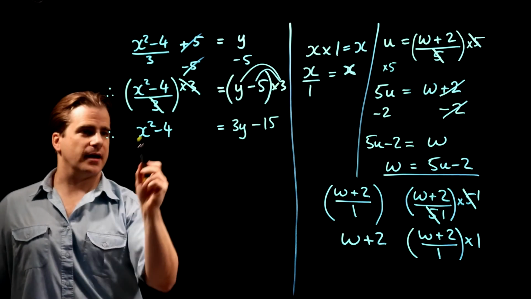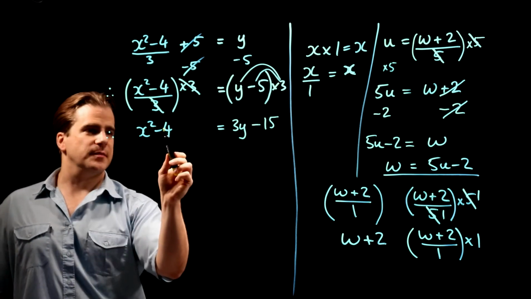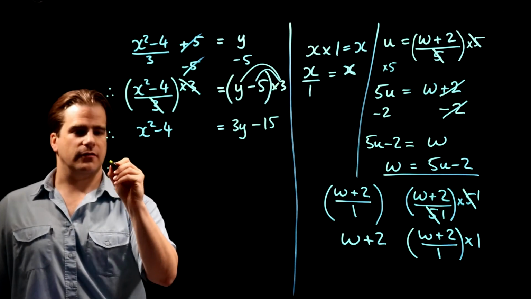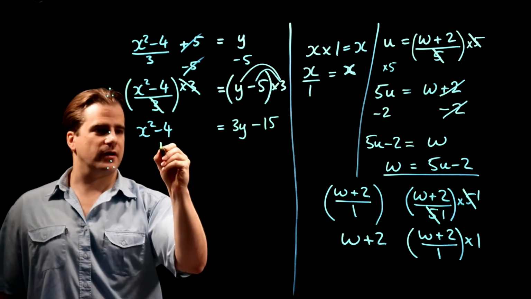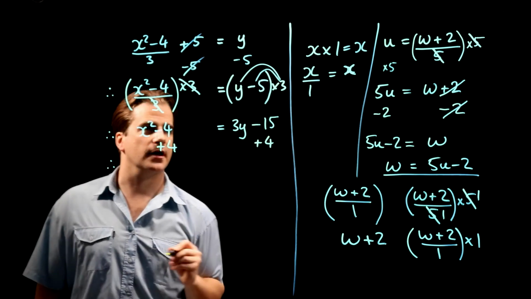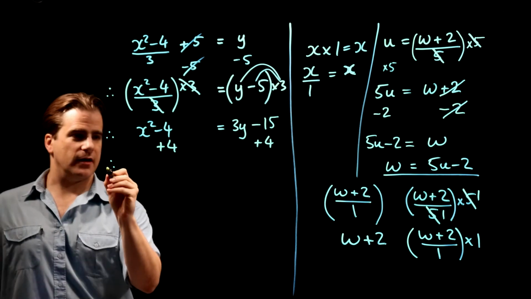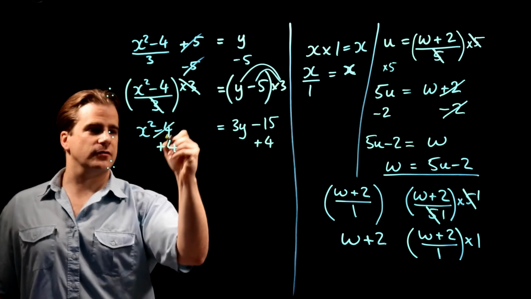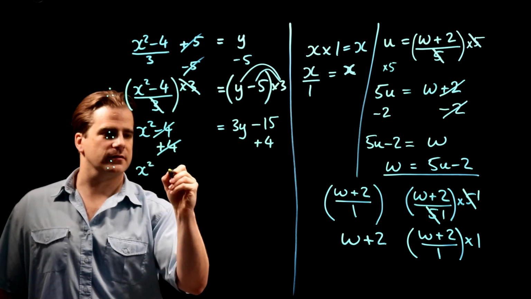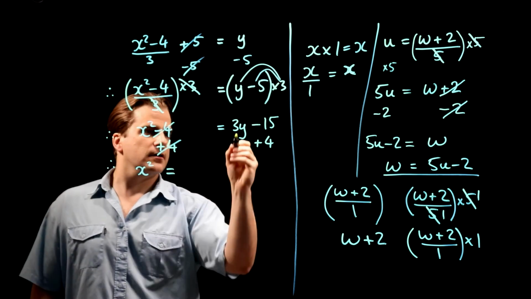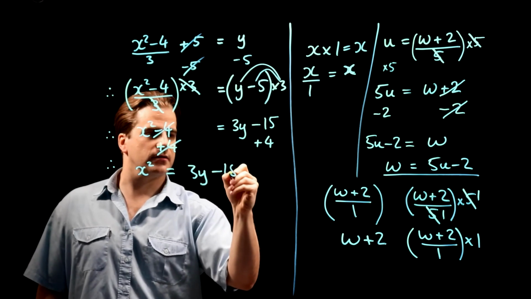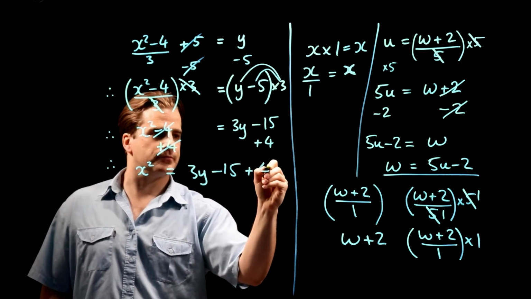So next, we've got to make x squared the subject, which means getting the minus 4 over here. So therefore, what are we going to do to both sides? We're going to add 4. Okay? So therefore, we get x squared minus 4 plus 4 is gone. We get x squared equals 3y minus 15 plus 4.